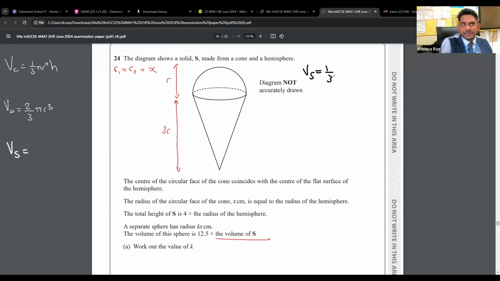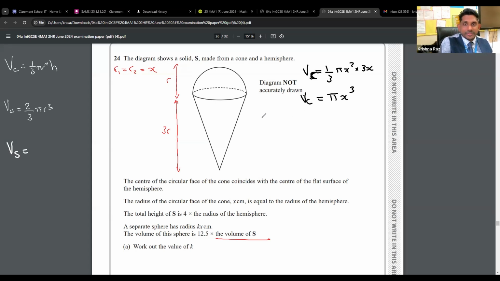So we've got a third pi r squared h for the cone, but we're calling r x. So pi x squared times by 3r, which is 3x. Simplifies to a third times 3 is 1. So that's the cone, which is pi x cubed.